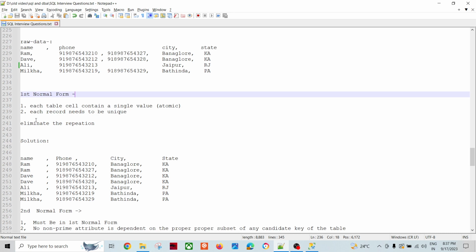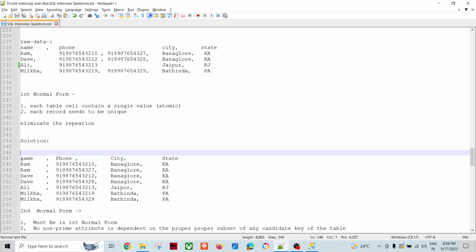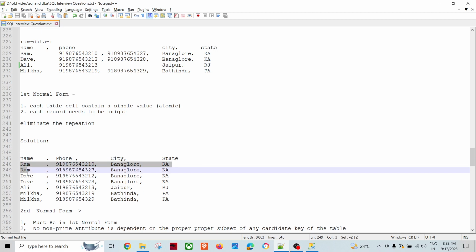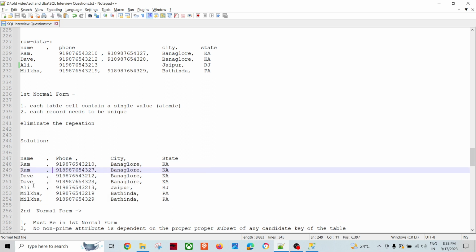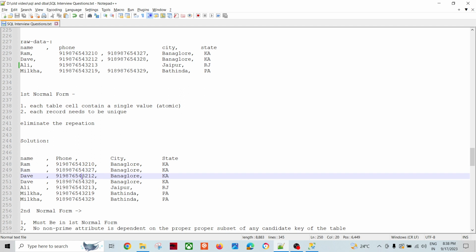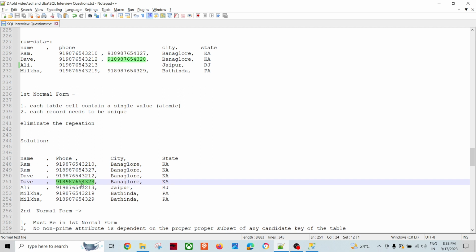We need to eliminate the repetition of the data. The phone numbers are occurring multiple times. So what we can do is have two records for Ram and two records for Devali and Milka. Whoever has one number, we can specify it once, and if we have two or three numbers, we can specify likewise, because one number is unique in itself.